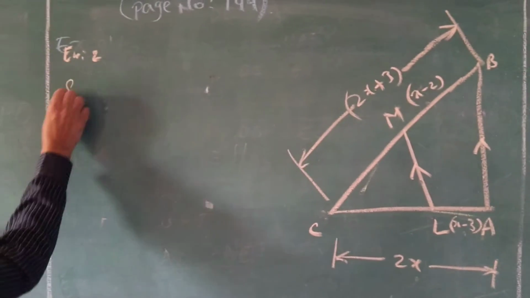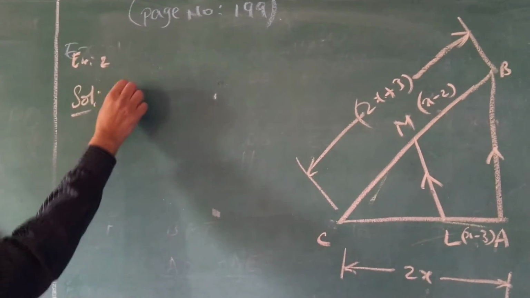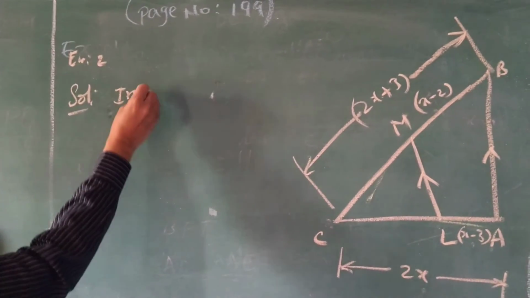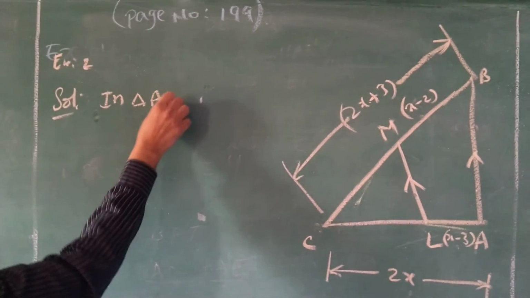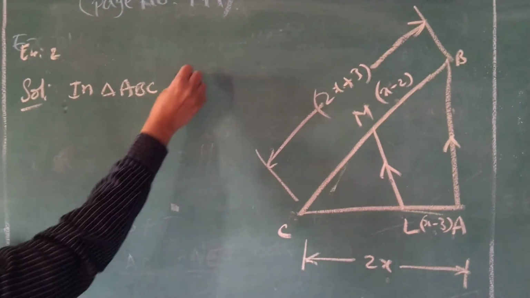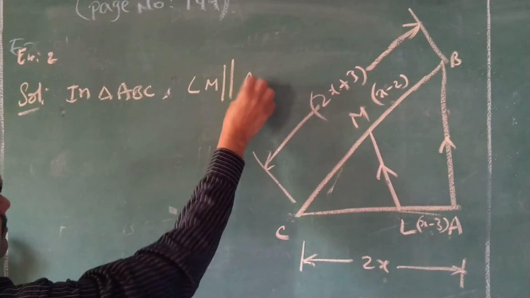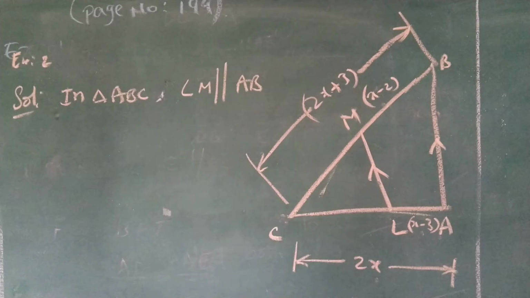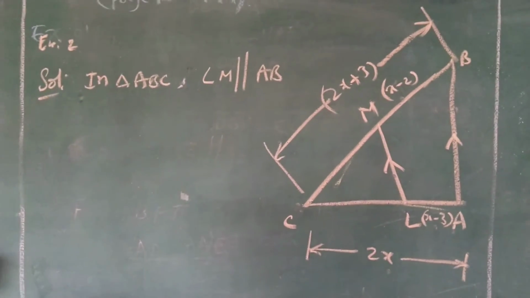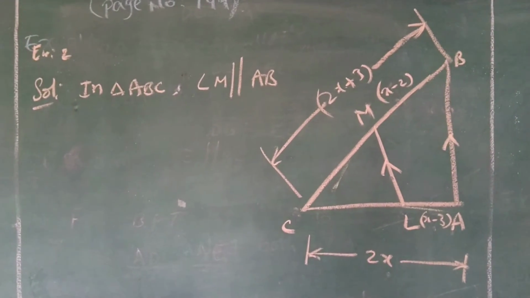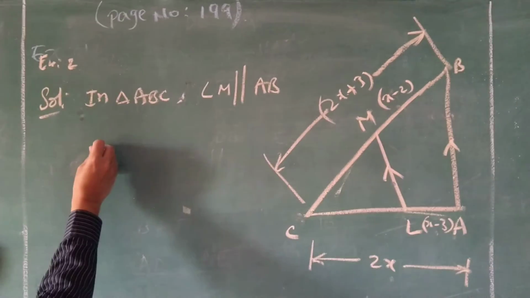Now I am saying about the solution. You see, in triangle ABC, what condition is given? LM is parallel to AB. It is already given. Next, what values are given?